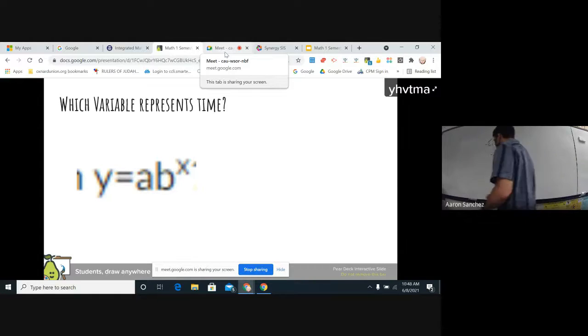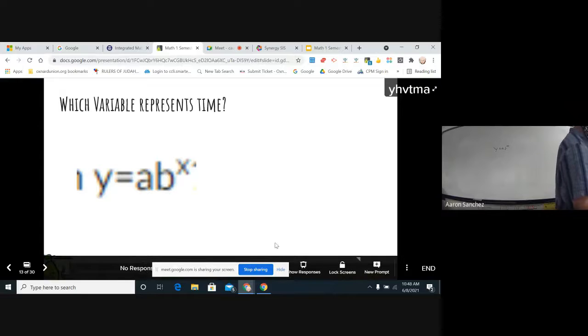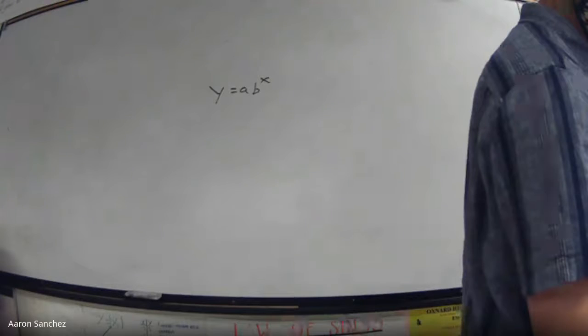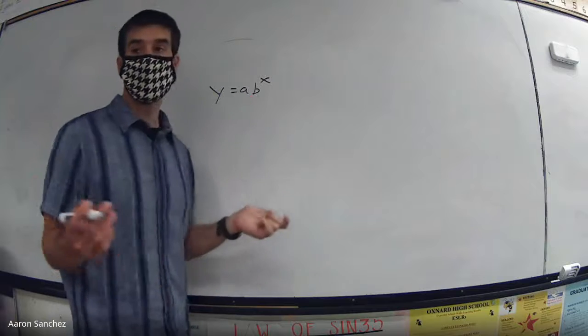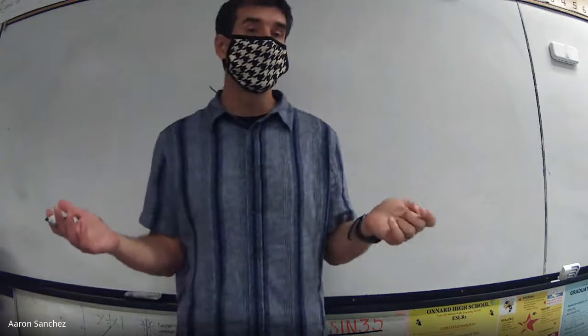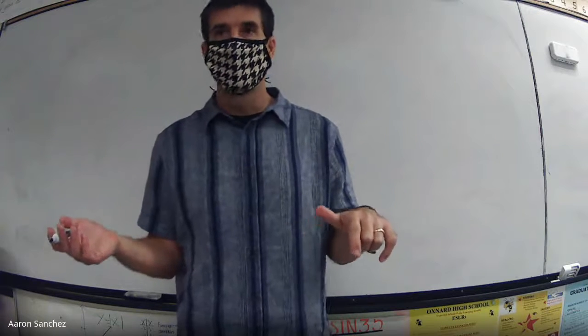Danny, off the tech, man, we're doing math. Okay, we have here y equals a times b raised to the x power. Which one of those represents time? If we're measuring time, like you invest your money, after how many years will it be $1 million, right?